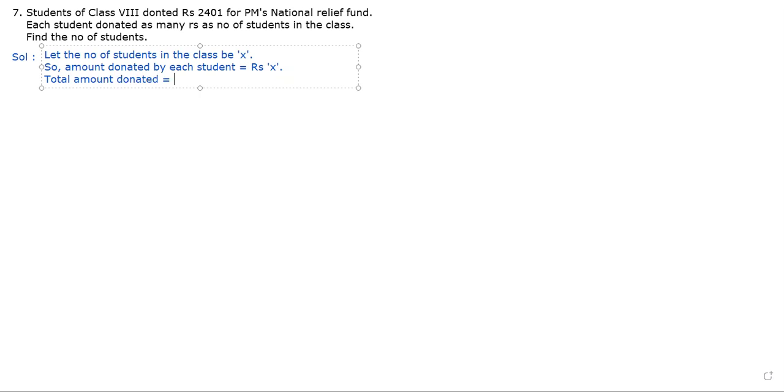Total amount donated is equal to number of students multiplied by amount donated by each. Yes or no? Total amount donated is 2401. So 2401 is X into X. So 2401 is equal to X square.